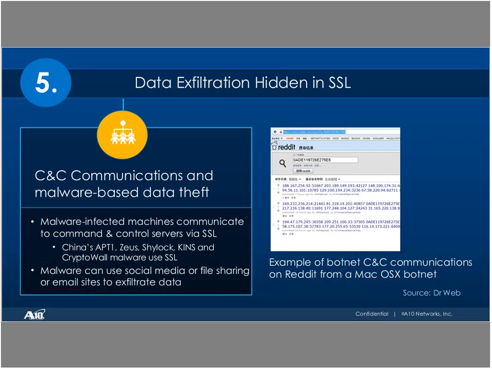Zeus, among others, and Shylock, et cetera, would use encryption to send data to command and control servers. What security products were able to do is see the communications to known bad IP addresses, identify the traffic, detect the infection, and clean it.